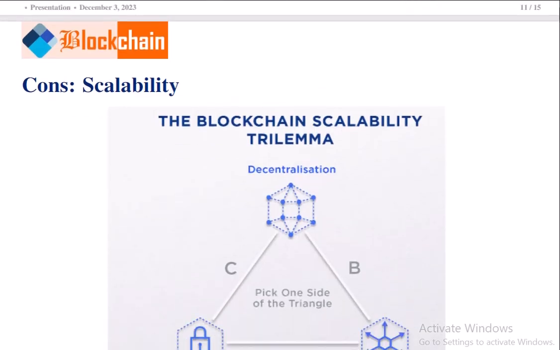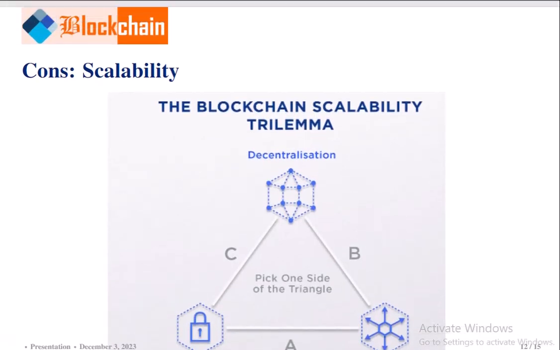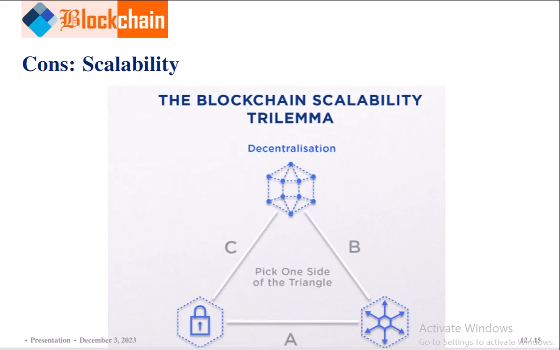Now, what are the drawbacks of the blockchain network? The first and foremost drawback is scalability. Scalability means handling a large number of transactions quickly and efficiently.